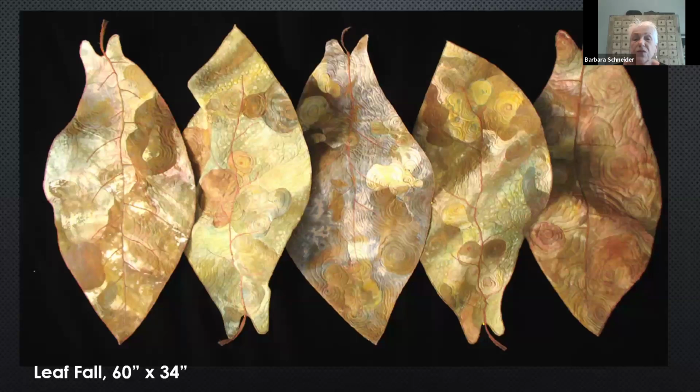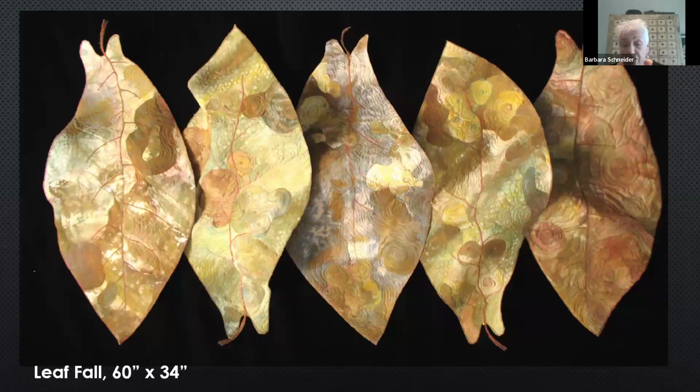But this was the first dimensional piece that I created, and the leaves are about 34 inches tall, each of them a little bit more, a little bit less. And I made all of these leaves, and then they just sort of sat there because that was all they were. They were just these flat pieces. And then one day it occurred to me that if I shaped them, I could use light and shadow to start to bring them to life.